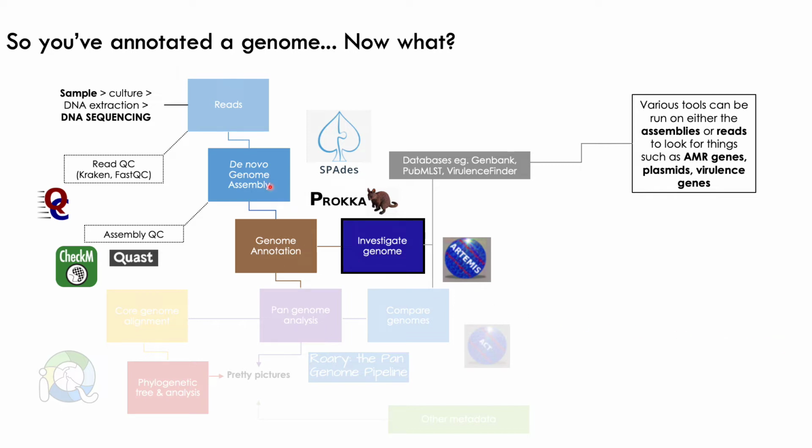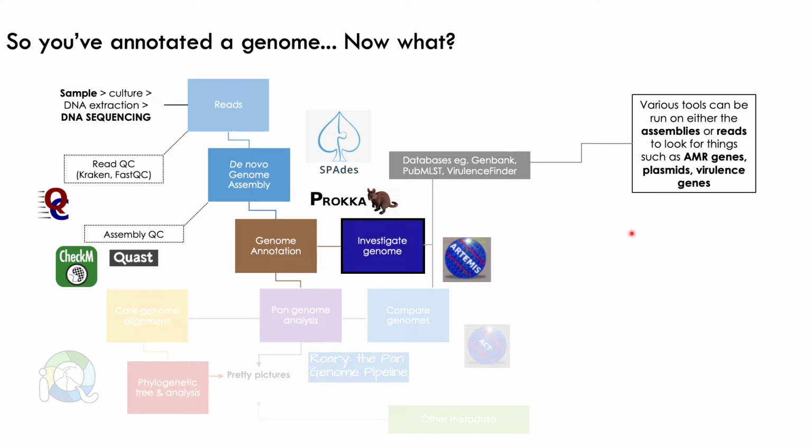And applying this to a single genome is really helpful for basic biology and for full characterization of a novel isolate. You can relate it to a phenotype, for example. And the tools I've put over in this box here are really good ways to do this. There's an absolute plethora of ways that you can investigate and characterize a novel genome.